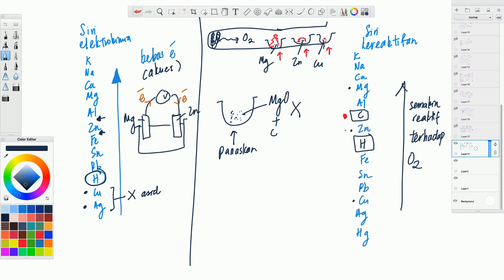Tetapi sekiranya saya gunakan yang kurang daripada karbon, contohnya zinc oksida, ferrum oksida dan seterusnya, atau saya gunakan kuprum oksida dengan karbon. Siapa yang lebih reaktif? Okey. Karbon lebih reaktif.